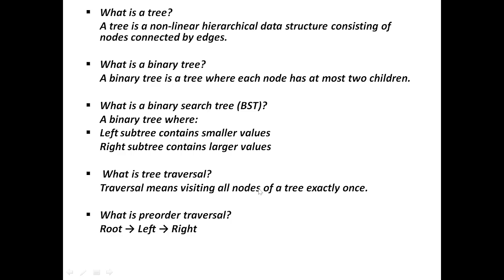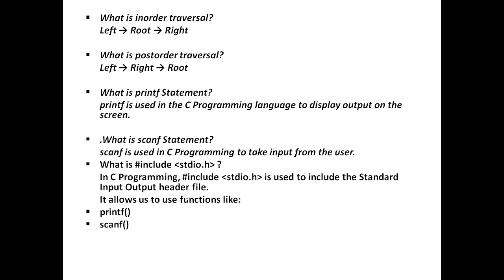Traversal means visiting all nodes of a tree exactly once. What is pre-order traversal? Traversal from root, left and right is called pre-order traversal, traversal from left, root and right is called in-order traversal, and traversal from left, right, root is called post-order traversal.